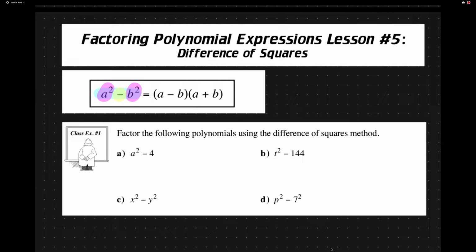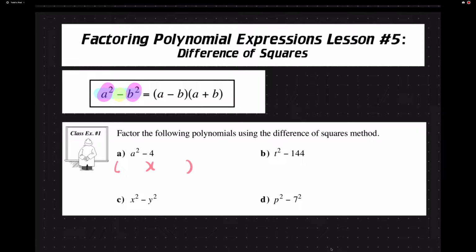Keep in mind that the first term and second term have to be perfect squares, and it needs to be separated by a minus sign or a subtraction sign. So we're going to take a look at class example 1A. We know we're going to break this down into two binomials.